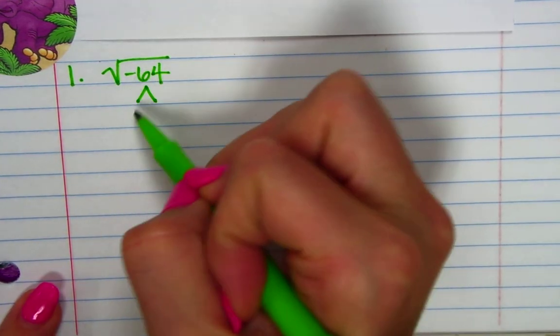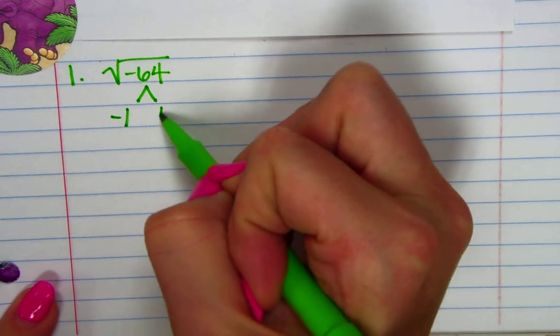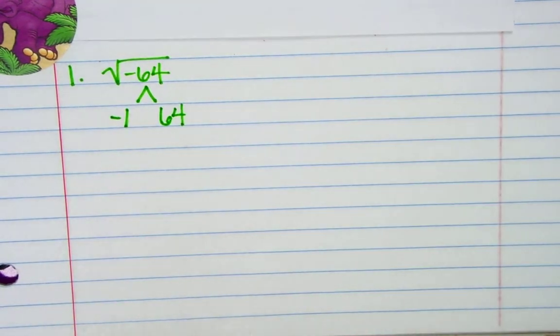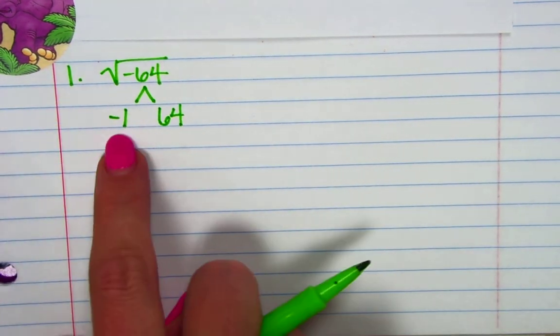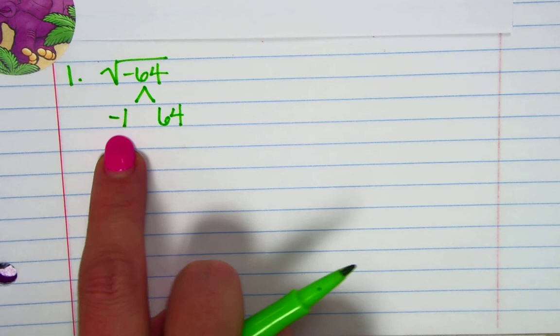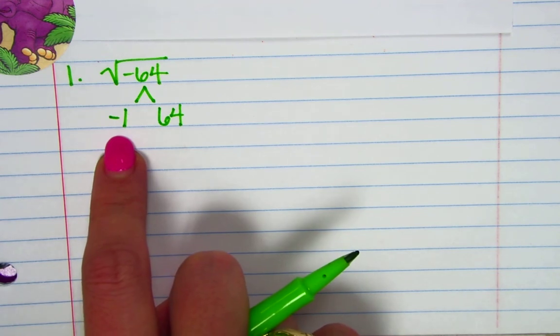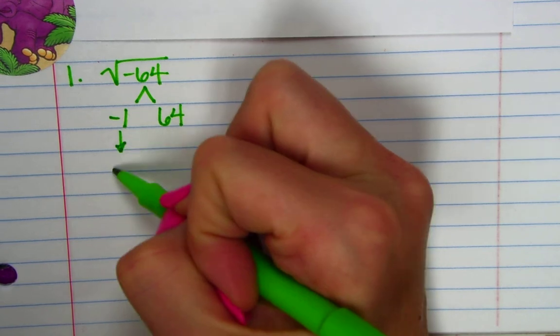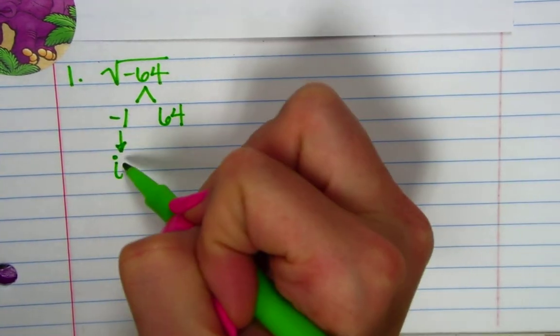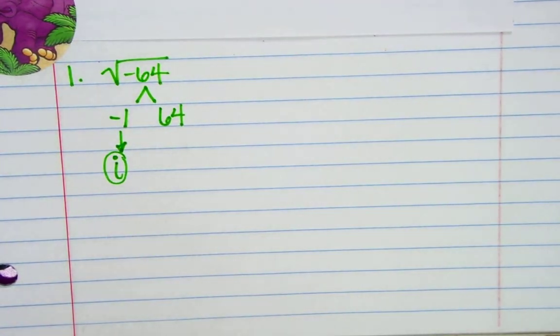Anytime it's negative, we take the -1 first and the positive number underneath the square root sign out to the side. That way, we can just break this down normally. And what is the square root of -1? I. We just saw that at the beginning. So that becomes I, and I always goes outside, so we circle it.